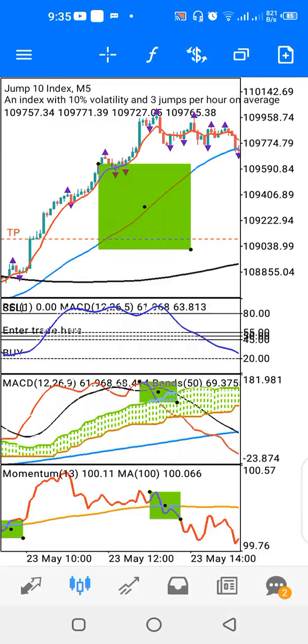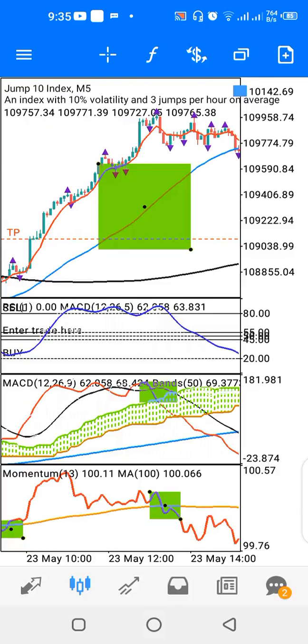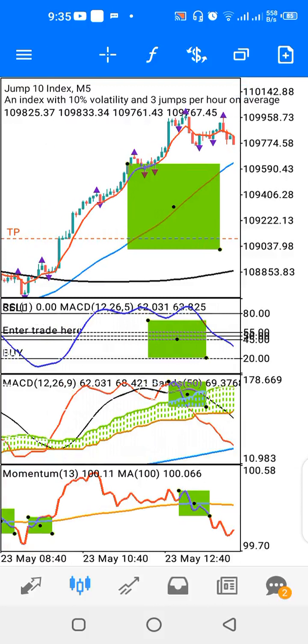Okay. And you're able to check it with what is happening on indicator window 1. Then you also go to indicator window 2. Then you look at indicator window 3. So you have alignment of all signals, okay, on all the windows. Then you can just go for the trade.